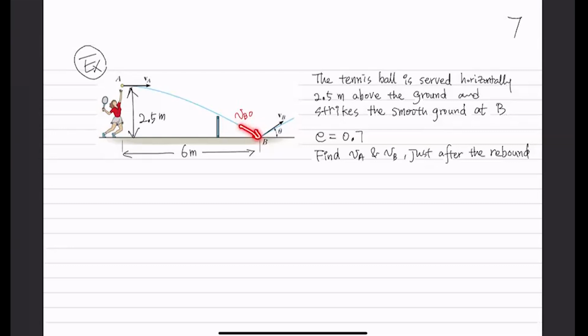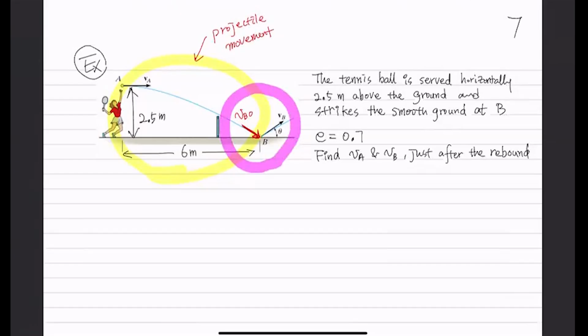The ball is approaching the ground with an angle, and then it bounces back. So here is one thing, a projectile movement. And what happens at this point, that's an impact kind of thing, right? Having that in mind, let's approach this problem.